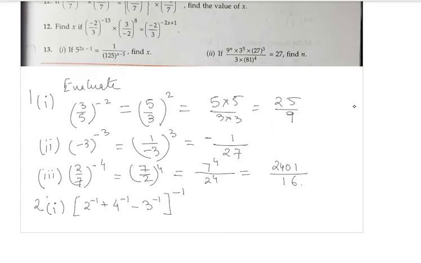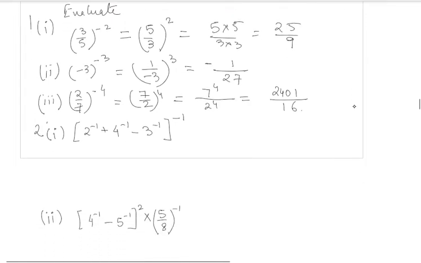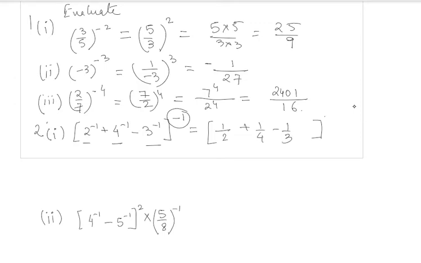The next question is evaluate again. Now in this question, we cannot do the reciprocal of the base because there is more than one term in the base. So I will have to first convert the base into a single term. See, there are three terms in the base for this power minus 1. So 2 to the power of minus 1 is 1 by 2, plus this is 1 by 4, this is 1 by 3, and the power is minus 1.